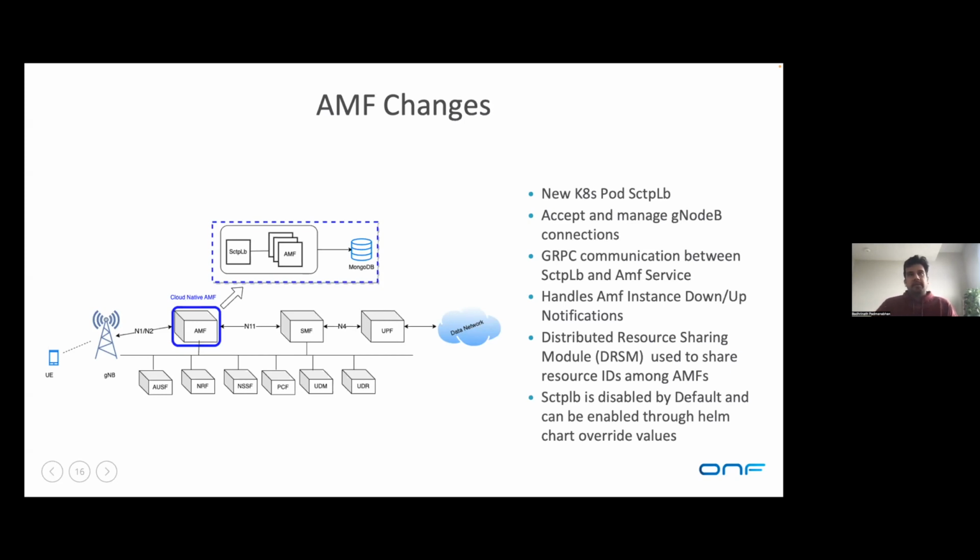So when we have multiple AMF instances, we need to make sure that each of these instances is generating its own unique ID. The DRSM helps us in doing this by syncing across all these instances and giving them unique chunks of IDs to be used by different instances. Again, SCTP-LB is disabled by default, so we can enable it when we want.